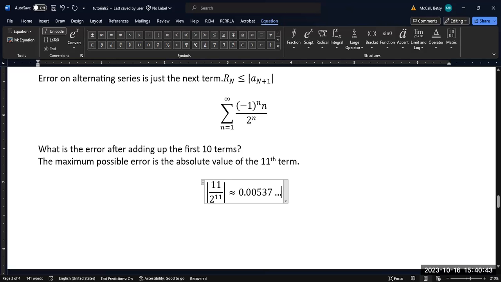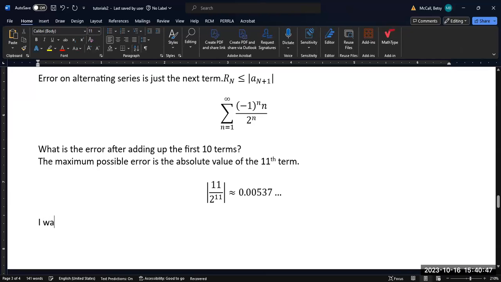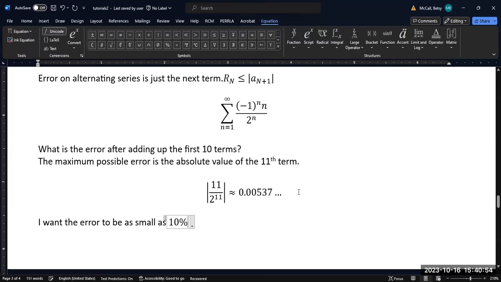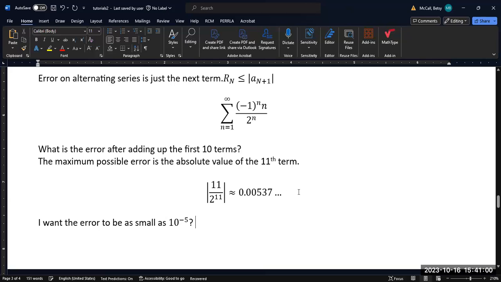So, okay, well, what if I wanted to do a little bit better than this? What if I want the error to be as small as 10 to the negative fifth? How many terms do I need?